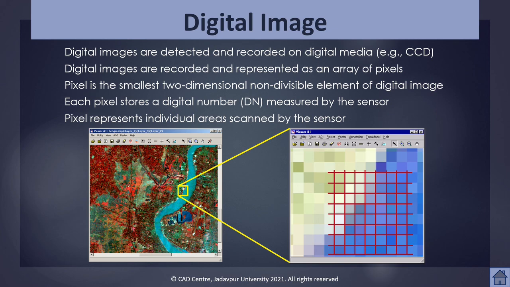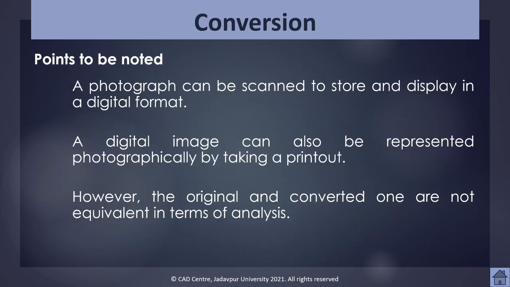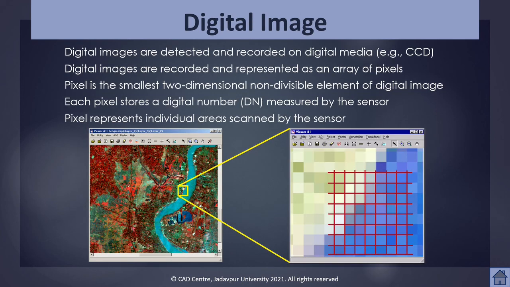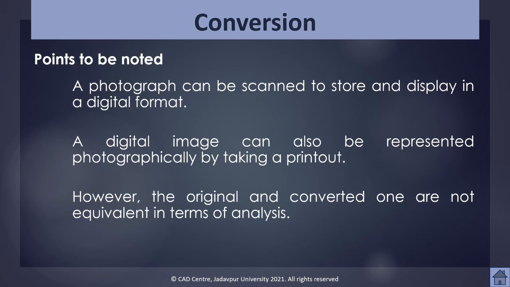Now, a photograph could also be scanned and displayed in digital format by subdividing it into small, equal sized and square shaped areas called picture elements or pixels again, and representing the brightness for each area with a numeric value or digital number. Indeed, this is exactly what has been done in the photo that we have shown in this slide.